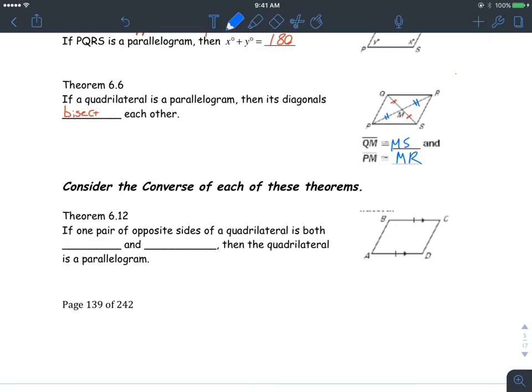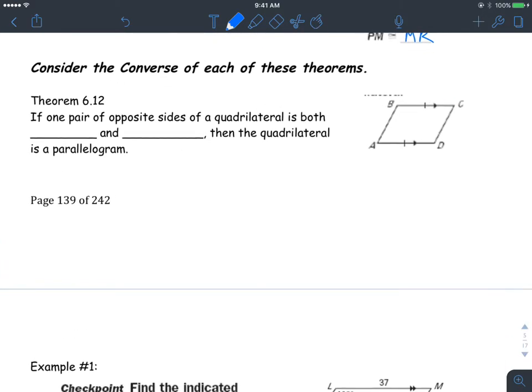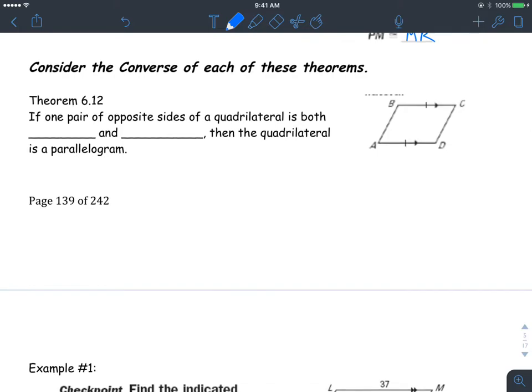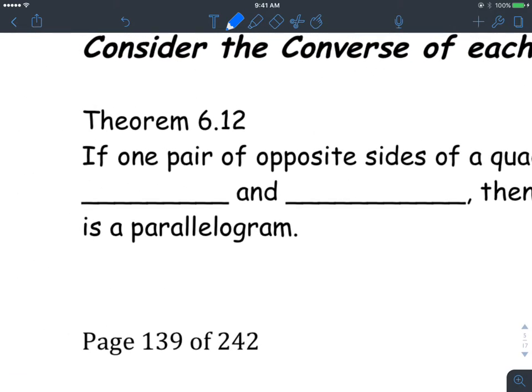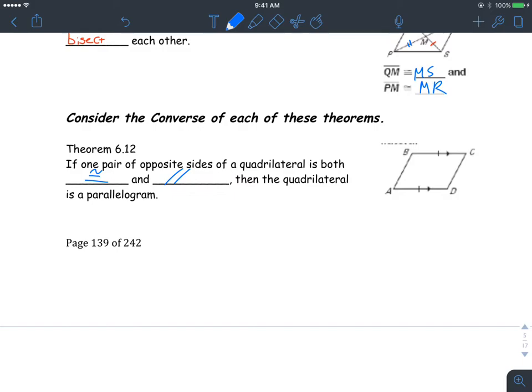Alright, and then also in this unit, we're going to prove that quadrilaterals are parallelograms specifically. So if you have certain combinations of things, then you can go ahead and say that. So we can say if one pair of opposite sides of a quadrilateral is both congruent and parallel at the same time, then the quadrilateral is a parallelogram.